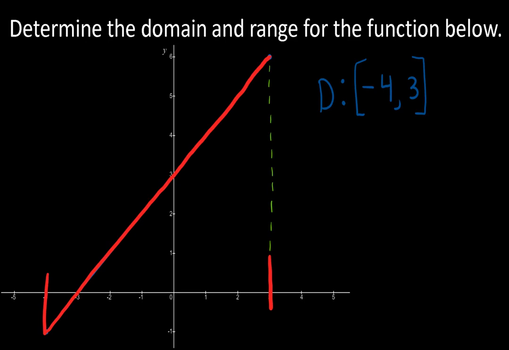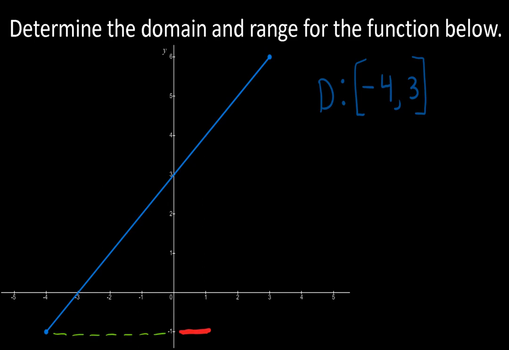Now let's take a look at the range. Remember, the range is just a list of all the heights that my graph touches. So let's start by finding the lowest y value that is touched by my graph. The lowest point on the graph seems to be at a height of -1.